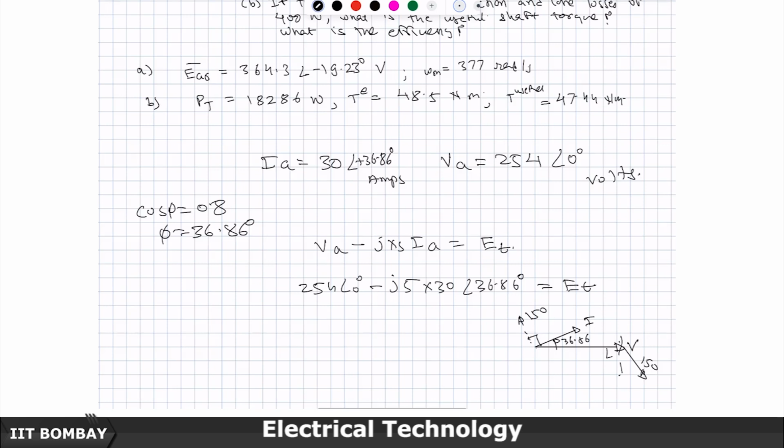So this is 90, this is 36.86 and now this length is going to be my ET. So it is clear that it is going to be larger than 254, and in this example when you solve it, it will turn out to be 364 at an angle of, again you can see that the angle is going to be negative, minus 19.23 degrees.